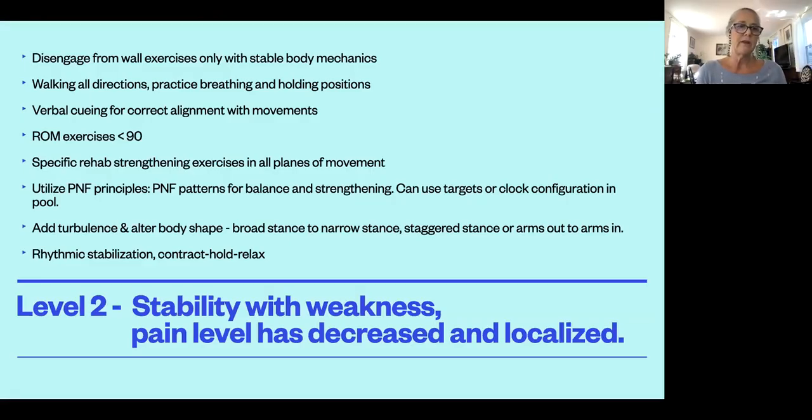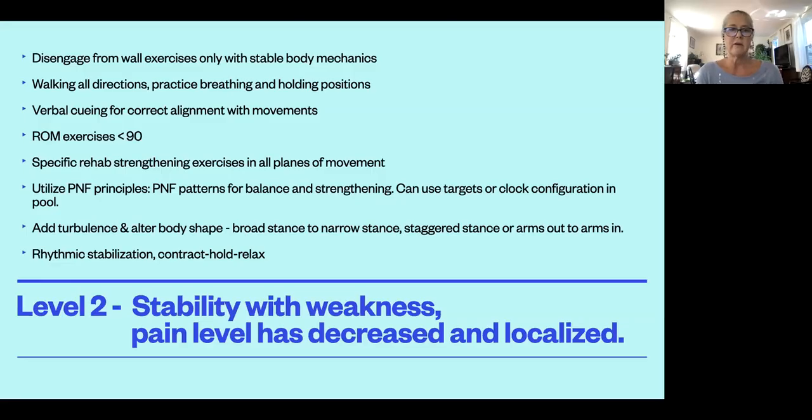And then the range of motion exercises now are getting greater than 90 degrees. With level 1, they were about 30 degrees. Now we're going 90 degrees and greater as they're stable, only with stability. And then with the exercises, you want them to go in all planes of movement, and we're starting to utilize PNF principles, PNF patterns for balance and strengthening.